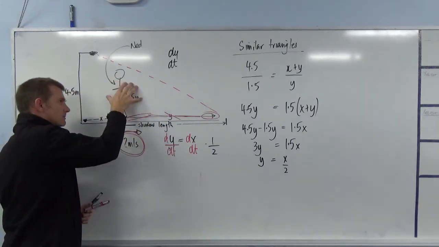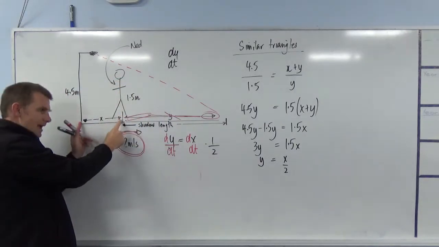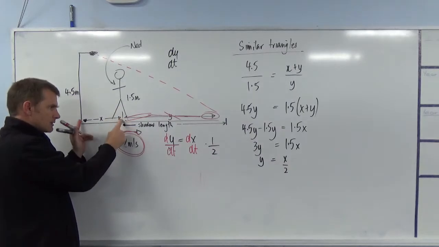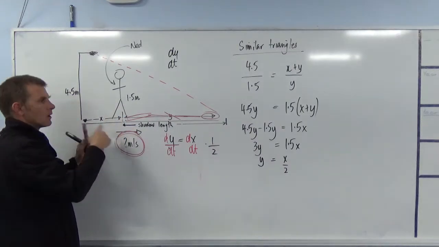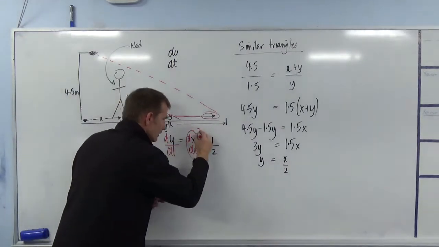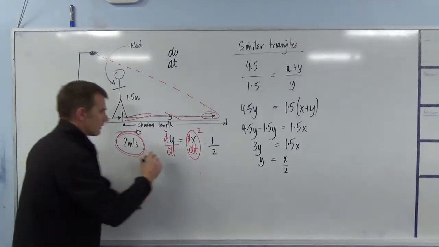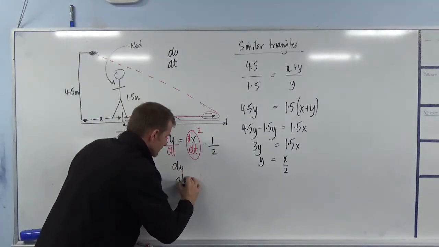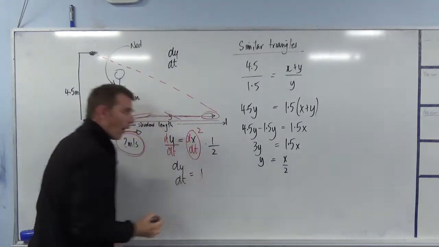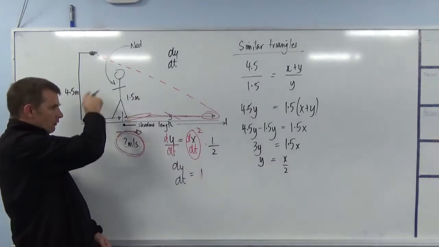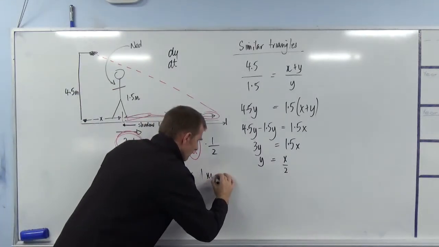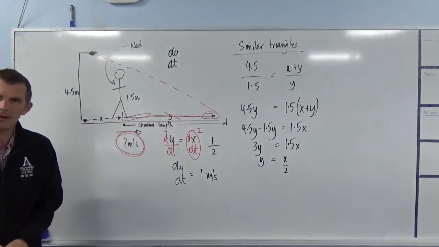This is the speed the person is walking, so that's dx/dt, the rate of change of x with relation to time. So dx/dt here is equal to 2, meaning that I can work out dy/dt equaling, well, you can do that, 1. And because the whole thing was in meters per second, this is just 1 meter per second.